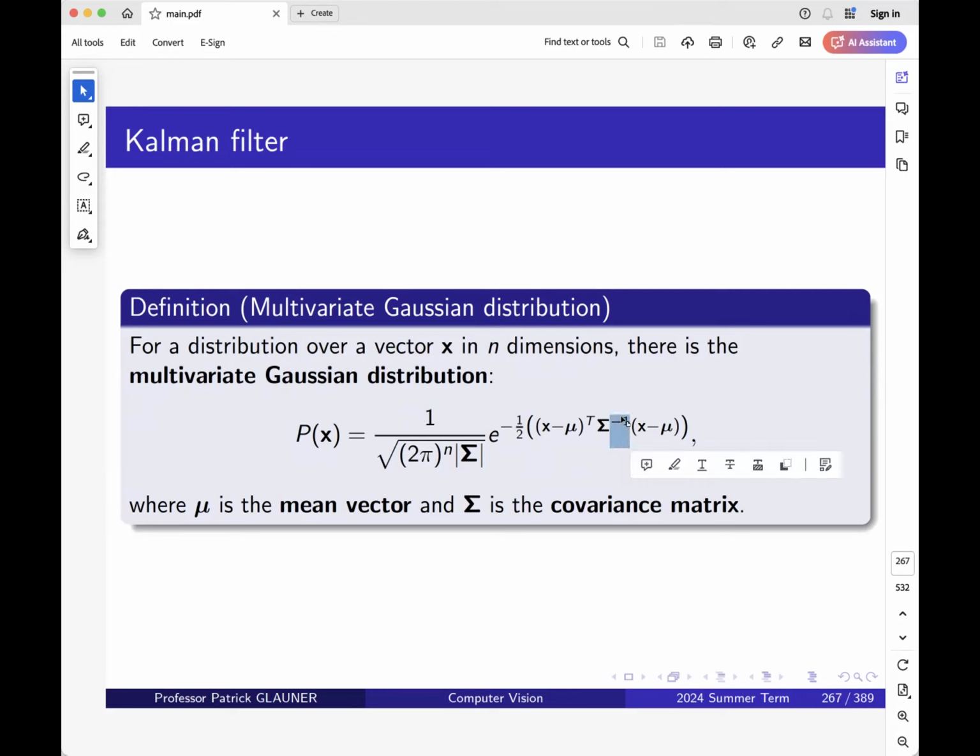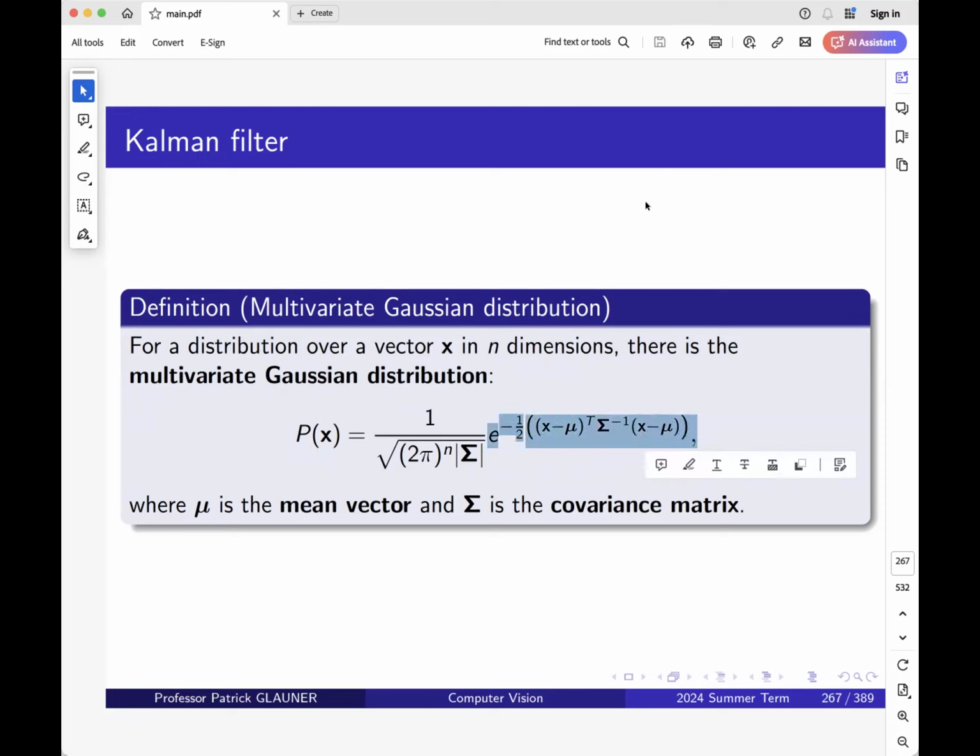But I need to take the inverse of that matrix, and this is still multiplied with -1/2. How to derive the multivariate Gaussian distribution is something that would be done in a statistics course, but for now we just assume it looks like this.